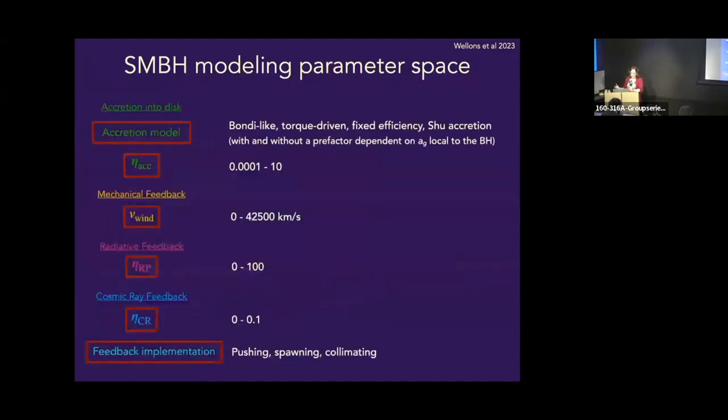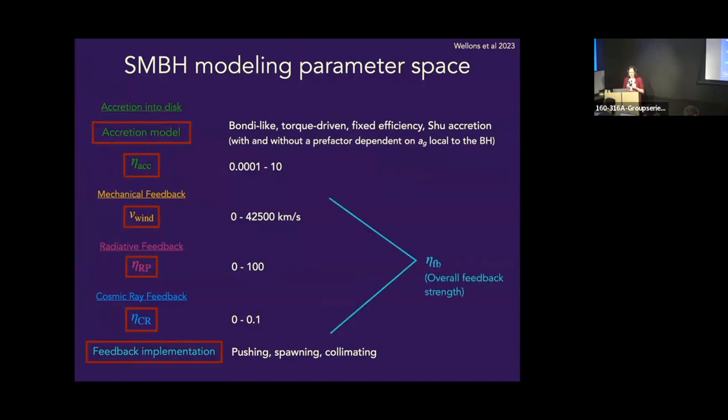And we ran a big suite of simulations, all zoom-in simulations from the dwarf galaxy mass up to the massive galaxy scale, which explored this parameter space that I told you about in the previous slide. So we tried several different accretion models, although we narrowed it into the most reasonable ones to start with. Explored accretion efficiencies and various values of these forms of feedback.